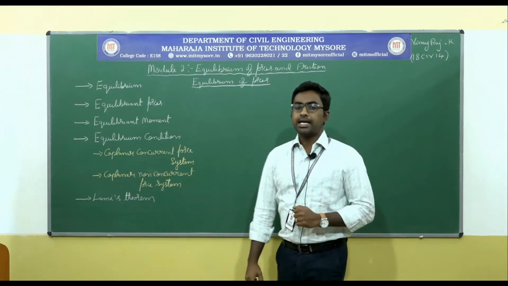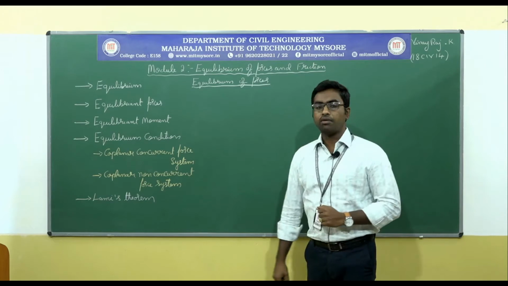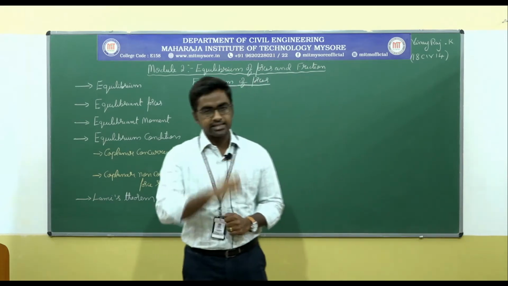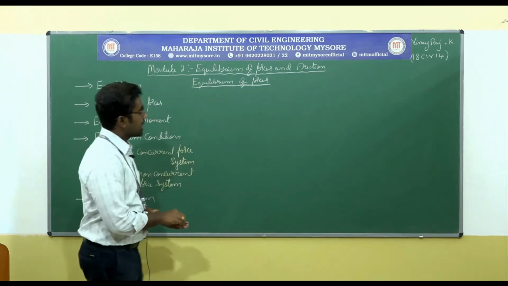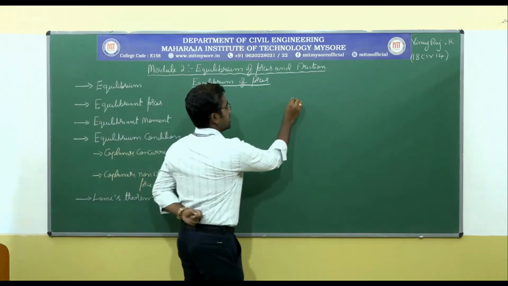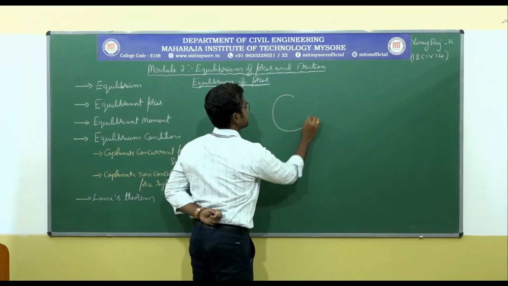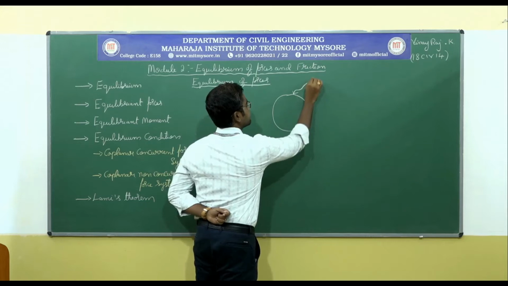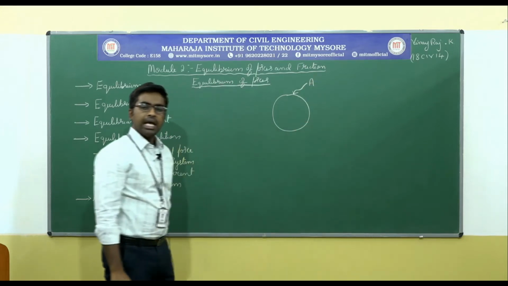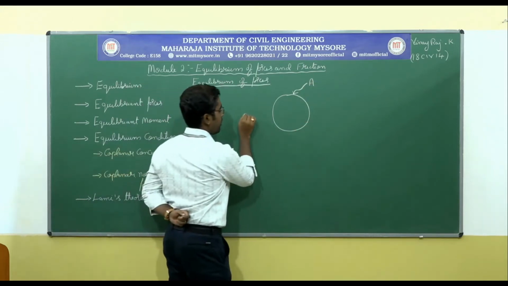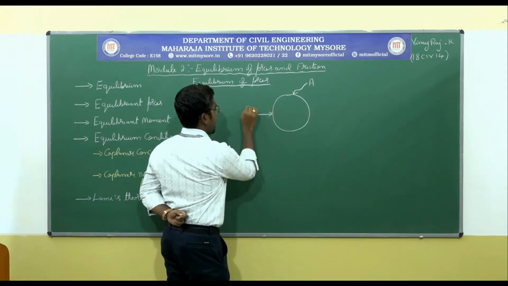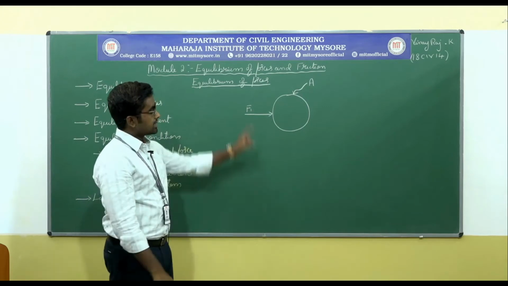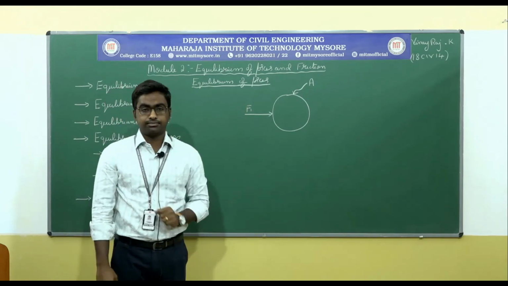To start with, let us understand the meaning of the word equilibrium, for which I am going to consider an example, right? Let me consider a body whose area will be equal to A. If I apply a force on this body and the magnitude of the force is F1, this is called a system.